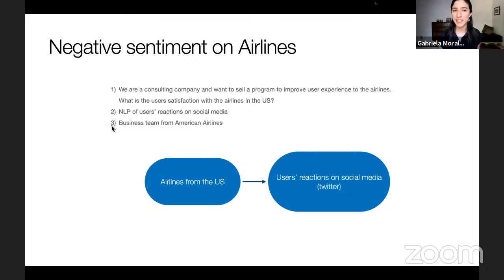This is the target audience. We're going to present this to a business team of, say, American Airlines. So it's sort of a lay audience. They're not data scientists or programmers, so don't show them any code, don't show them very technical things. You want to show them the big picture.